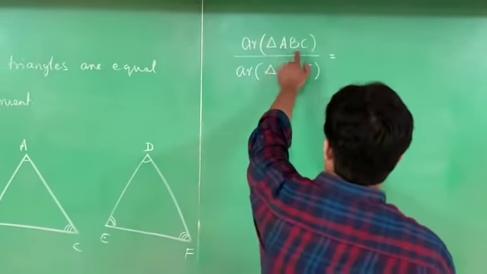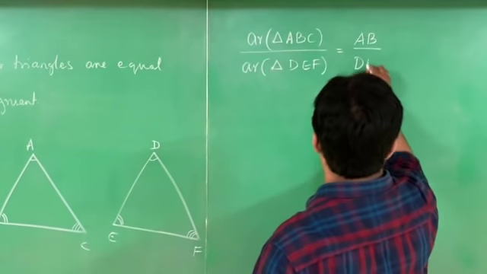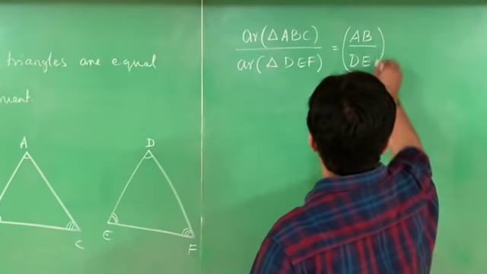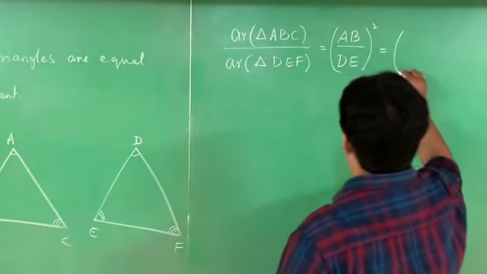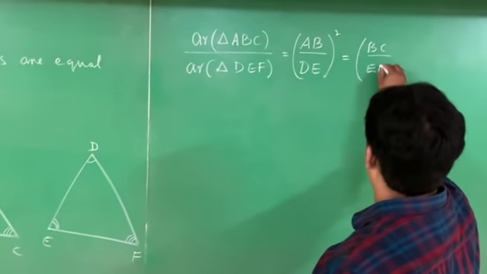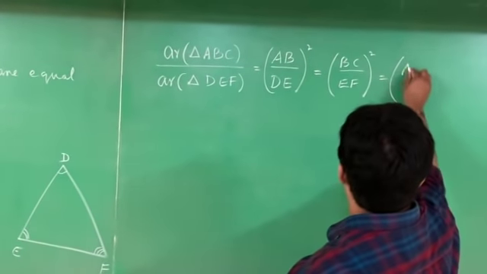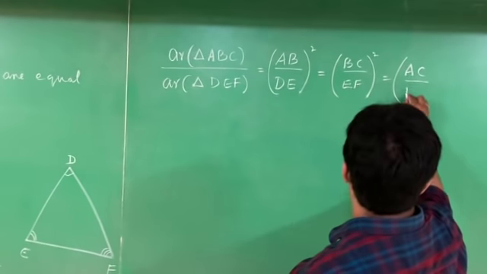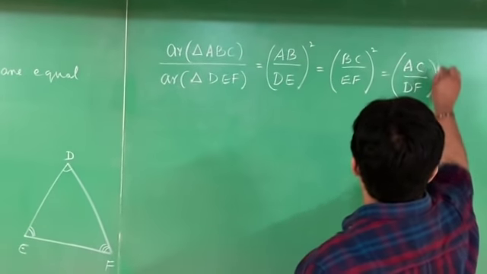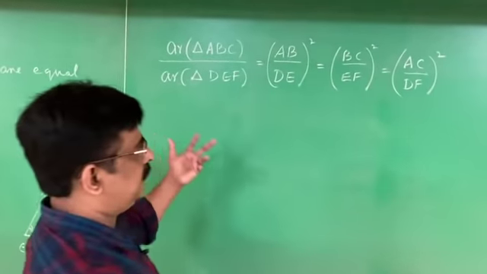The corresponding side is AB. AB by DE is equal to BC by EF, which is equal to AC by DF, whole square. This is the data, because the triangles are similar.